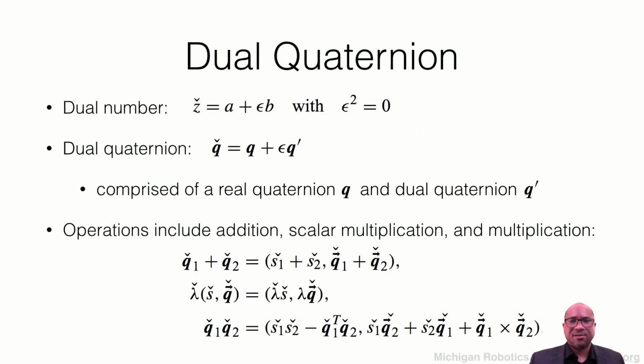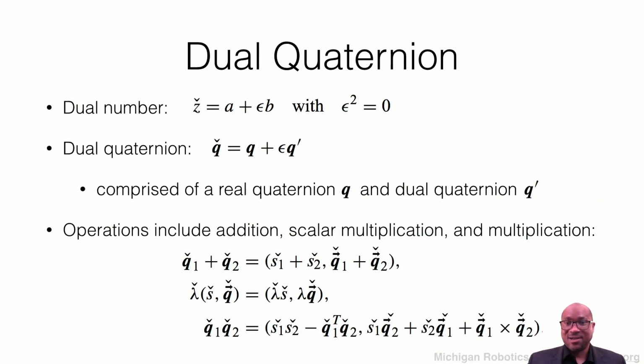The essence of it is that the same way that we expressed rotation in a complex space, there's a dual complex space that can represent both rotation and translation. So we have to bring in the concept of a dual number, which means that you have some number a plus epsilon b, where if we take epsilon squared, we get 0.